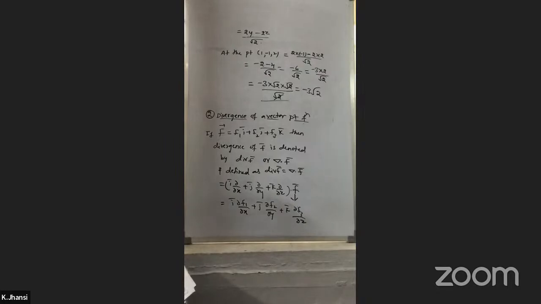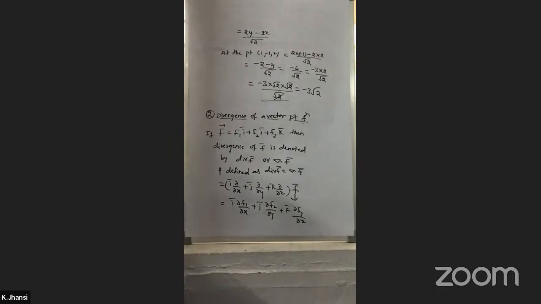And this is the definition. Remember that. Gradient has no dot product, and divergence has the dot product, and it is for a vector function. Whatever answer you get will be a scalar value for the divergence of a vector.